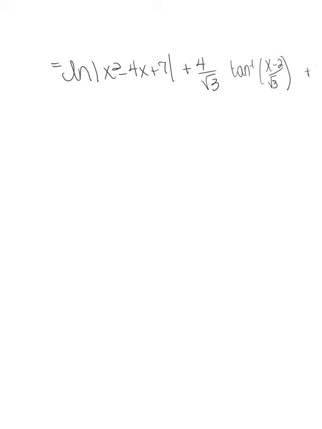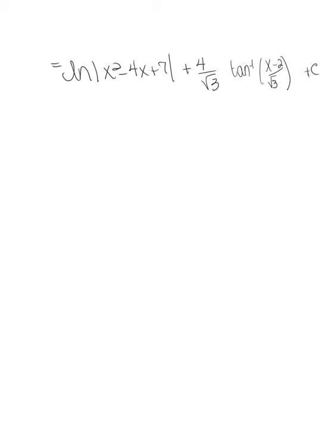If we remember here, we had the natural log of the absolute value of x squared minus 4x plus 7, and then we were going to bring down the plus 4, and when we put 1 over a and multiply that through, that's going to give us 1 over the square root of 3, leave some space there, times the inverse tangent of our u, which was, I believe, x minus 2 over our a, which is the square root of 3. Again, leave some space there, plus c.